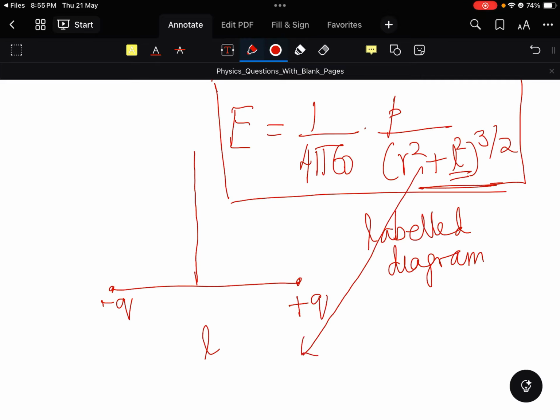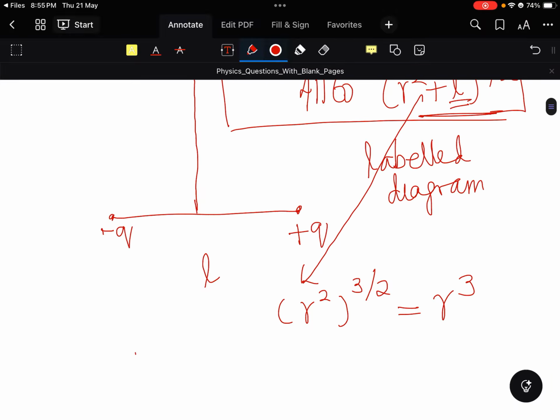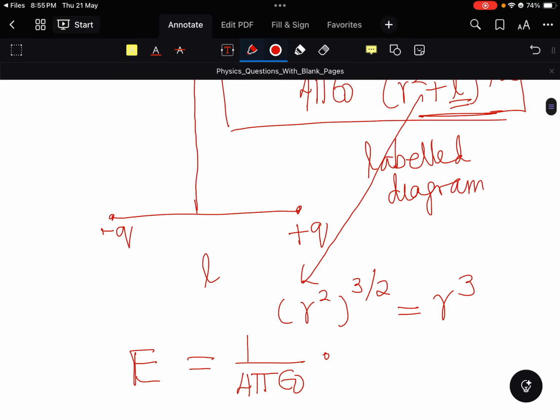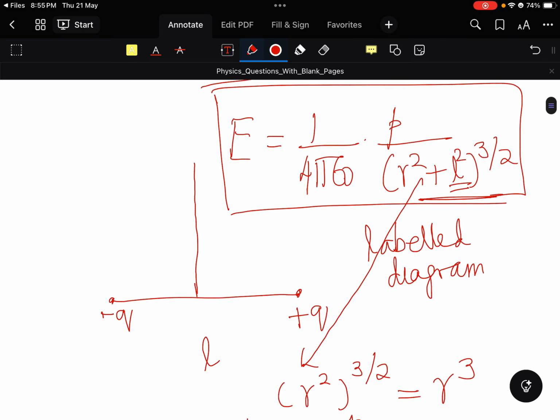When the term of L is neglected, what will happen to this? R square power 3 by 2 is equal to R cube. And when it becomes R cube, E will become 1 upon 4 pi epsilon naught, P upon R cube. So this you can do.